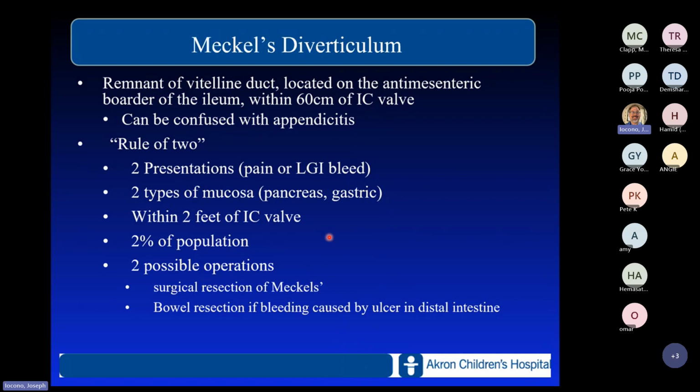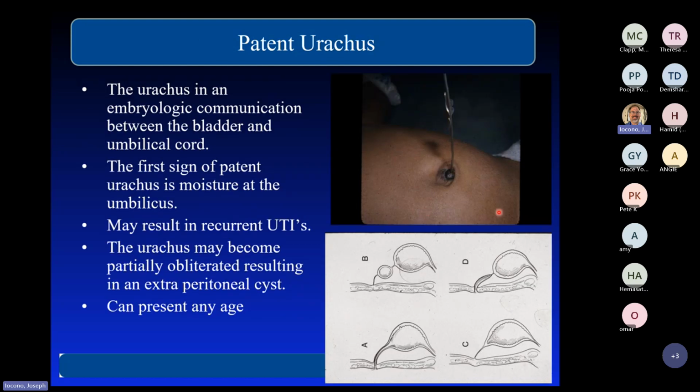Meckel's is the remnant of the omphalomesenteric duct of the intestine from when you're developing prenatally. A urachus is the remnant of the urinary system that can persist at the belly button. So you can have a patent urachus. It can actually go from the belly button all the way to the bladder. You can have a urachal cyst.